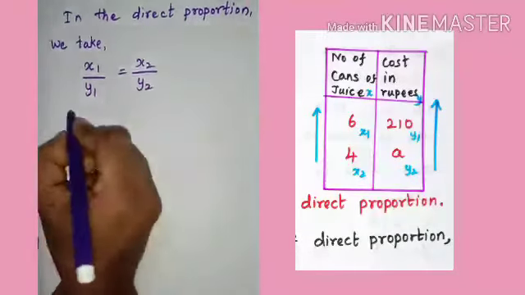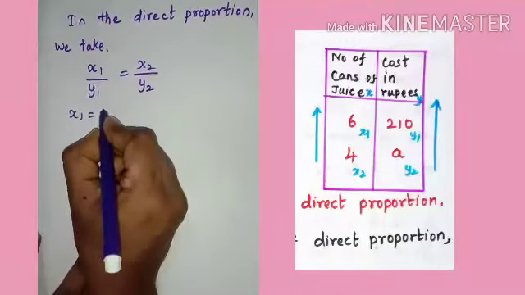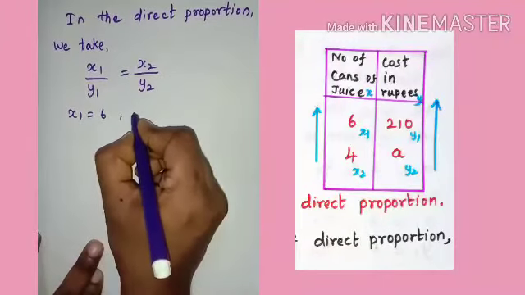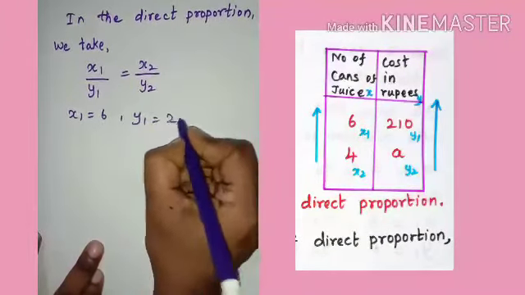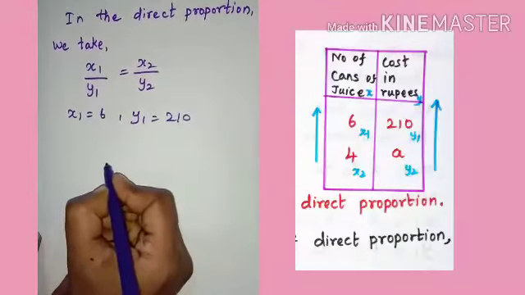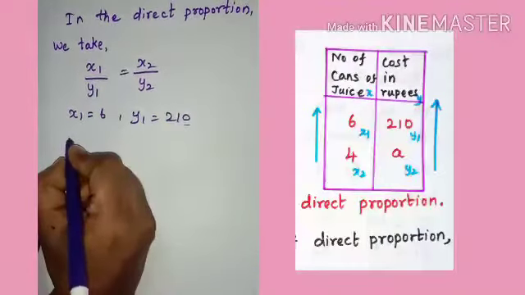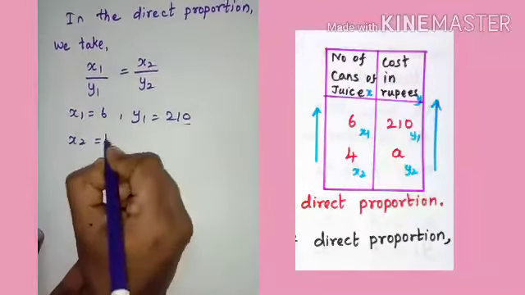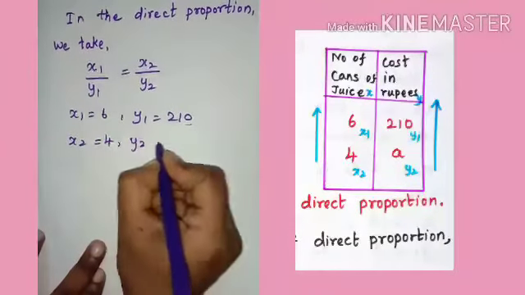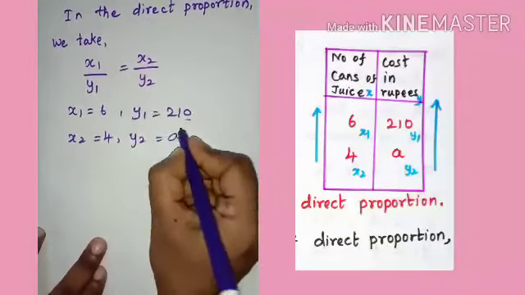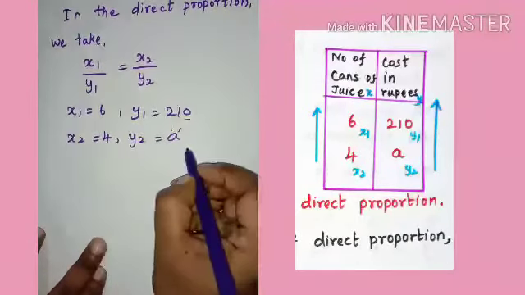And here x1 is equal to 6 cans and y1 is equal to 210 rupees. The cost of 6 cans is 210, and x2 is equal to 4 cans and y2 is equal to a, which is unknown, the cost of 4 cans.